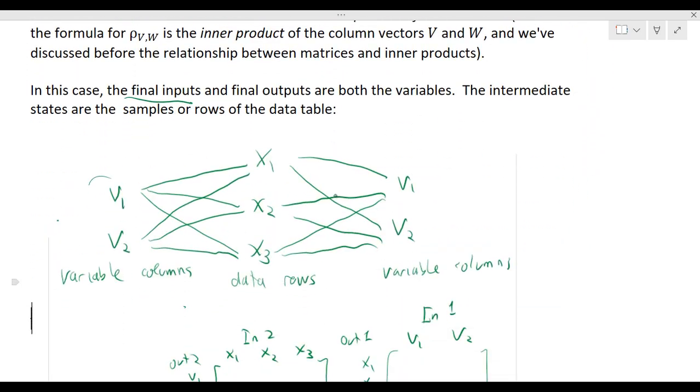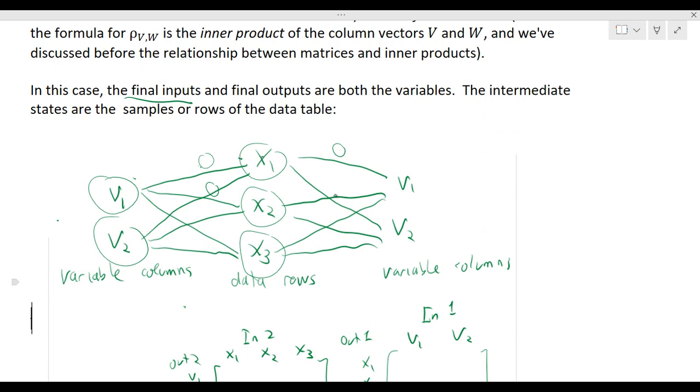Variable 1 and variable 2 all connect to the 3 rows of the data. But these 3 rows also connect back to the variables. And in fact, these 2 lines are labeled with the very same value. Right? This here is going to be the value of variable 1 in row 1, the same as here. This value here is going to be the value of variable 2 in row 1, and so on.